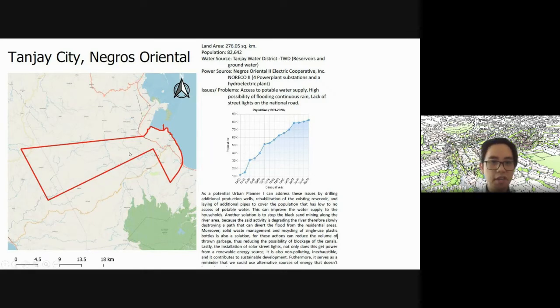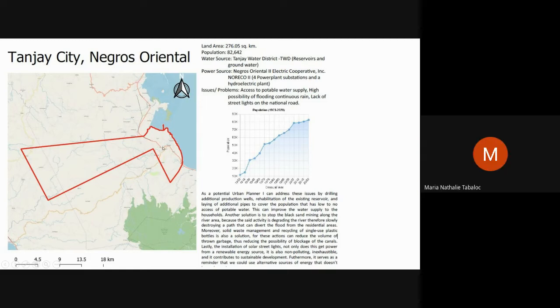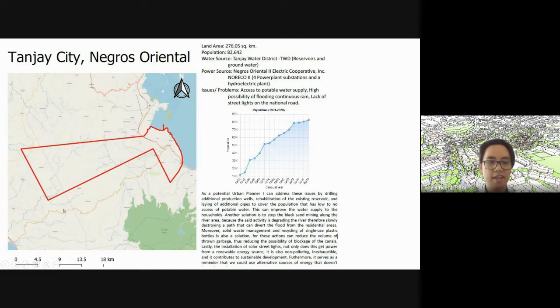So just looking at the map, there's no road, it's just blank. Yeah, the National Highway, is that the pink one? Yes, sir. And then this yellow is a smaller highway connecting east and west of Negros Oriental. So yeah, no infrastructure, no access really leads to a lot of problems down the line.